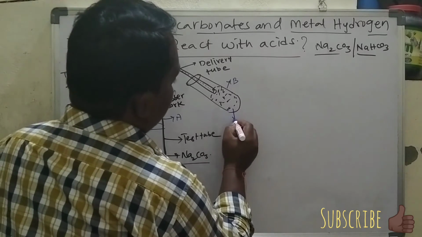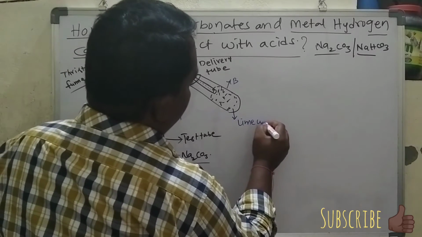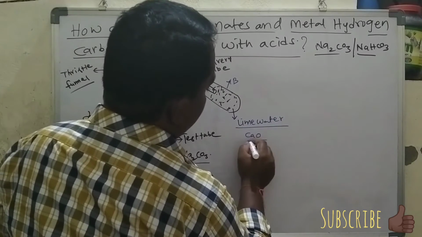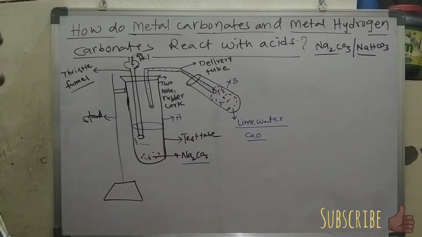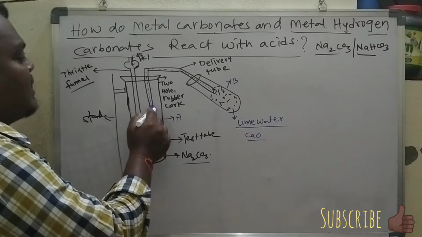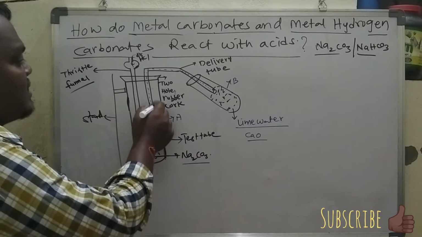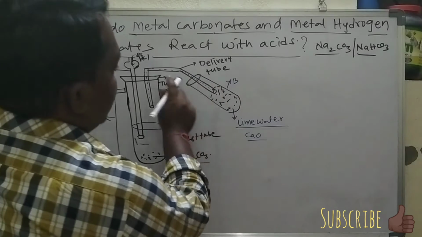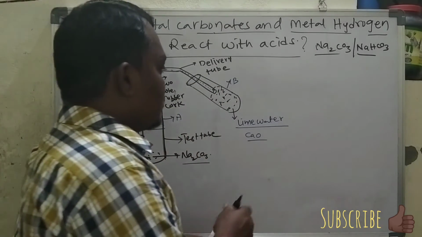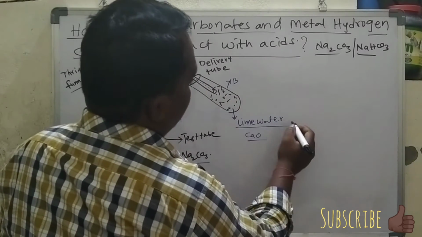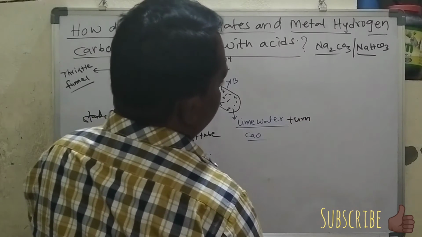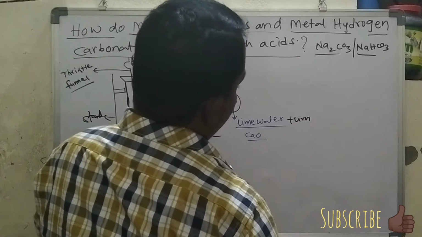This test tube contains lime water, which is calcium hydroxide. When the liberated gas is sent through the delivery tube and reaches the lime water, it turns milky white.